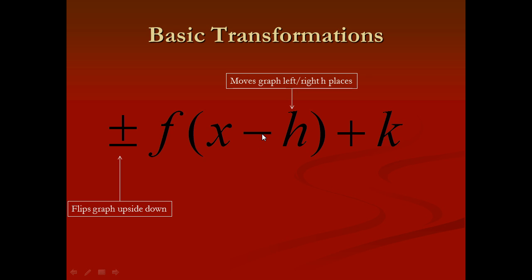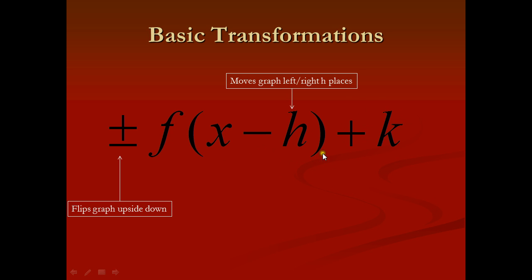Now be sure to watch because it's a subtraction. So if it's x minus 2, we're going to move our graph 2 to the right. If it's x plus 2, that's the same thing as x minus a negative 2, so that'll be 2 to the left. So it moves kind of the opposite from how the sign looks because of this minus sign.